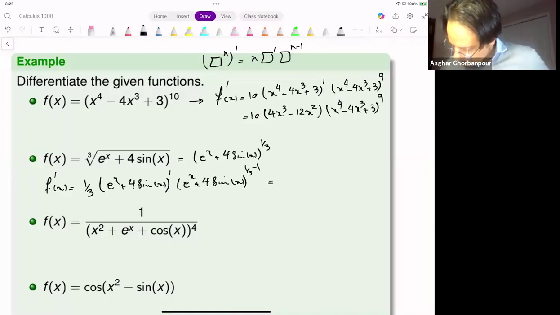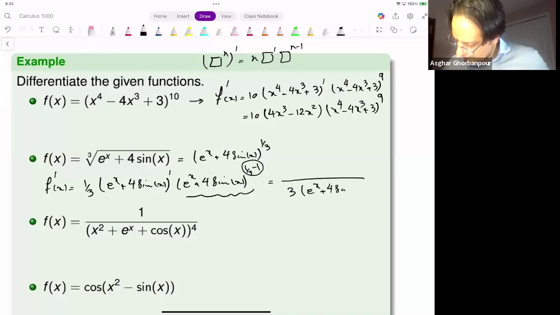And here this is a negative power, so it will go down. So there's a 3 there, (e^x + 4 sine of x) to the power 1/3 minus 1 is negative 2/3, and that is 2/3 in the denominator. However, I have to find the derivative of this. Derivative of e to the power x is e to the power x. Derivative of sine x is cosine x.